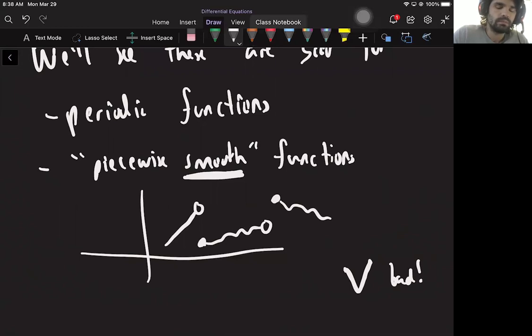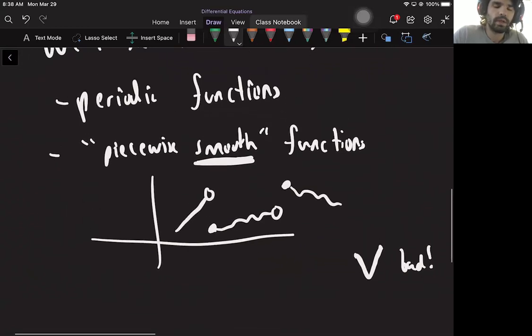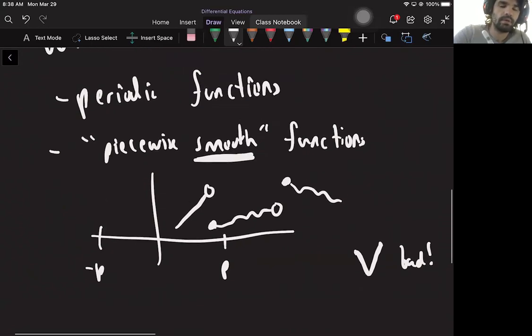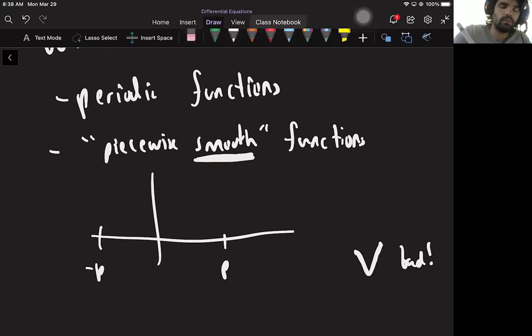And this works from negative p to p. And then we'll see something interesting happens, which is you have your function on negative p to p.